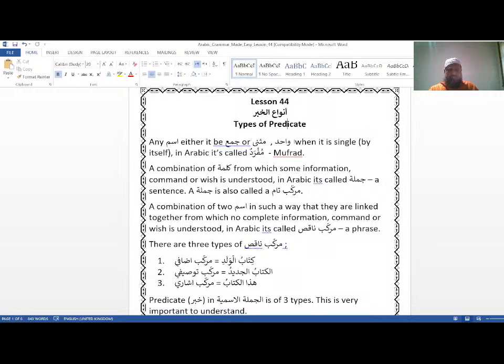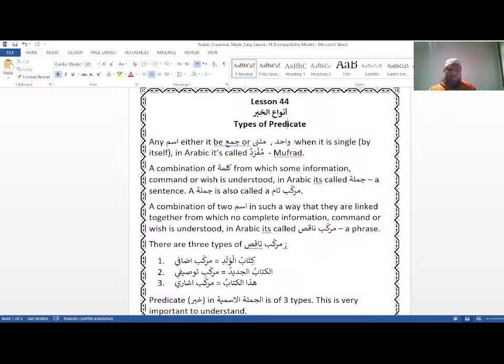Any ism, either it be wahid or muthanna or jama, when it is used single by itself, in Arabic it is called mufrad. Wahid is one, and mufrad sometimes also can be translated one. But when we say mufrad, we mean a word.